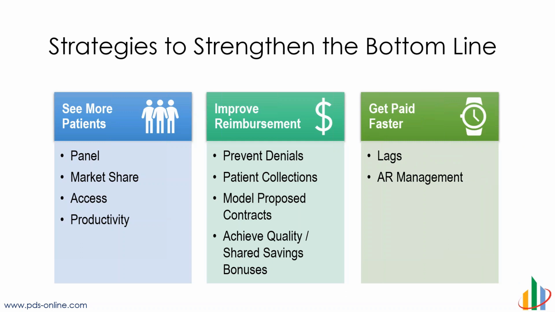In addition to that, the last thing is that we can get paid faster. We can improve the lags and, again, get that money that's tied up in our processes down to the bottom line through improvement in the various lags that are out there or through the management of our outstanding accounts receivable and turning that into cash.